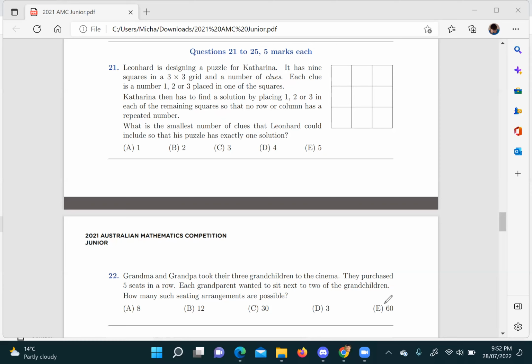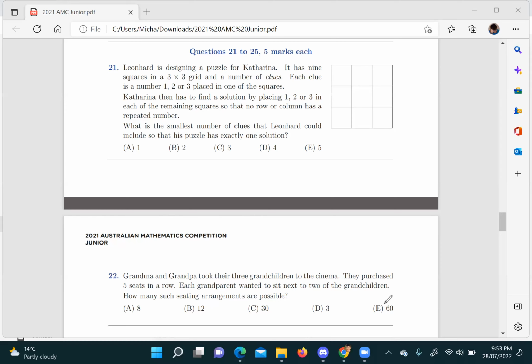Okay, and then Leonard can start her off by writing numbers in squares for her. Obviously if Leonard just writes all the squares and Katarina doesn't do anything, then it's finished, right? So the number is smaller than 9.